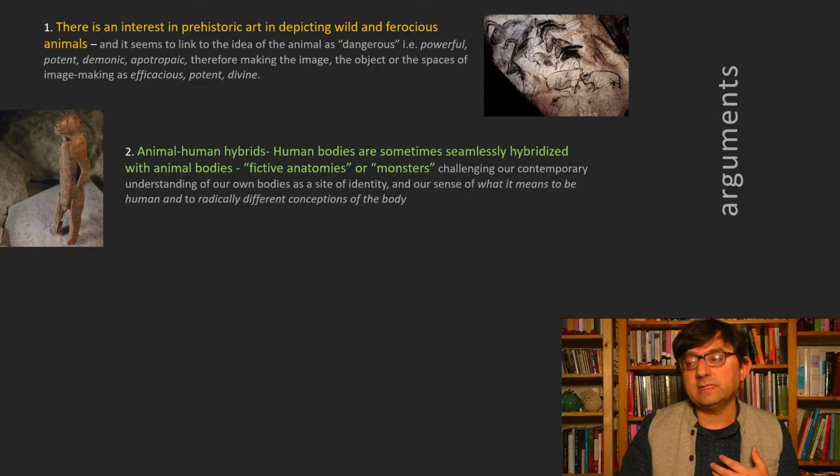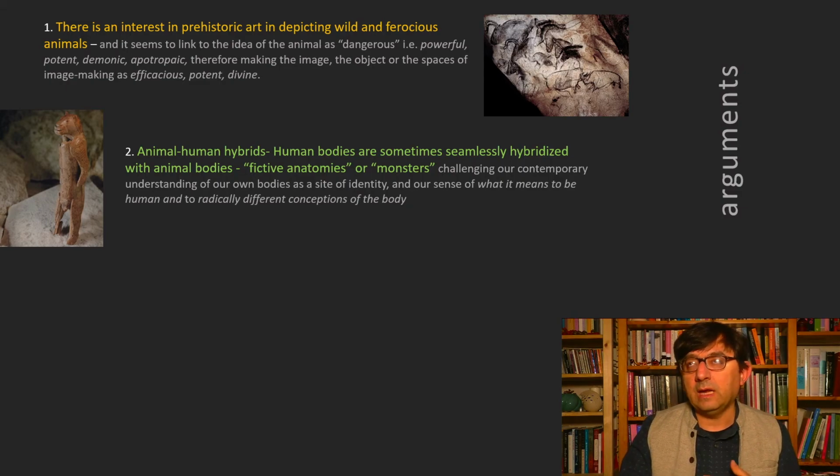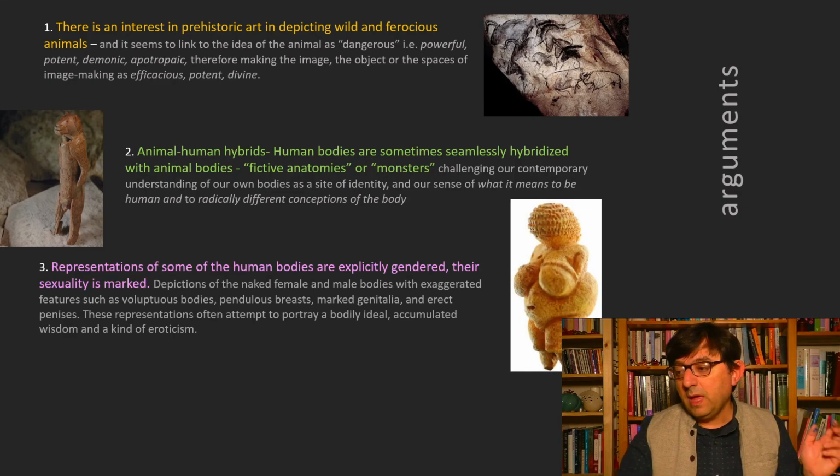The importance of these images is that they put a really interesting question about this fundamental divide we have between humans and animals as different ontologies of bodily form, but maybe that kind of separation was not so much there in antiquity.